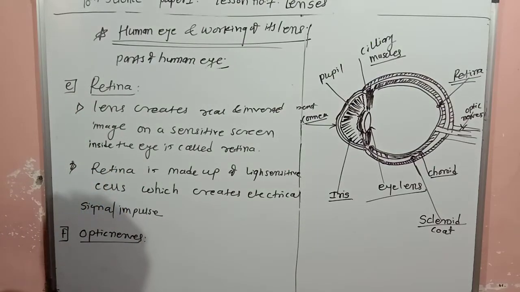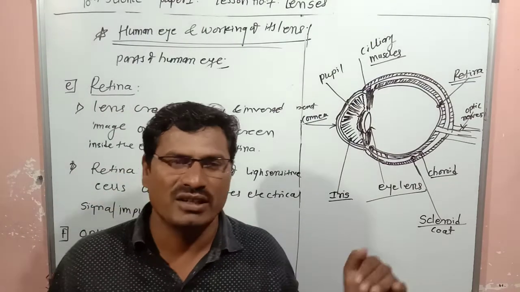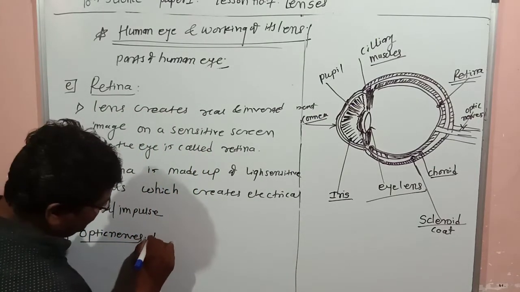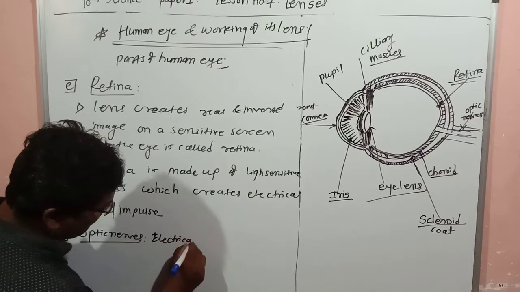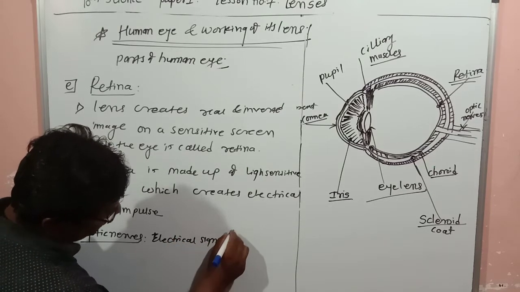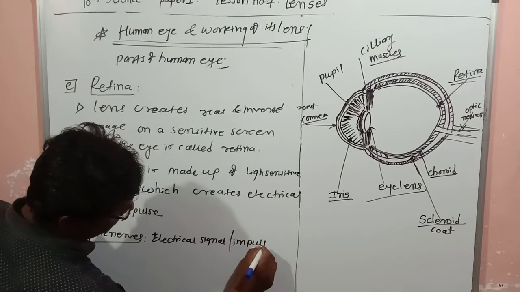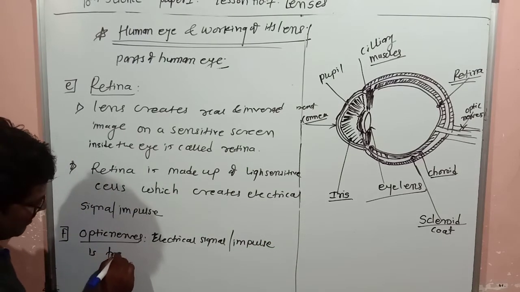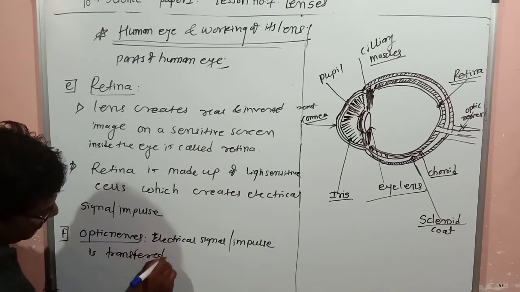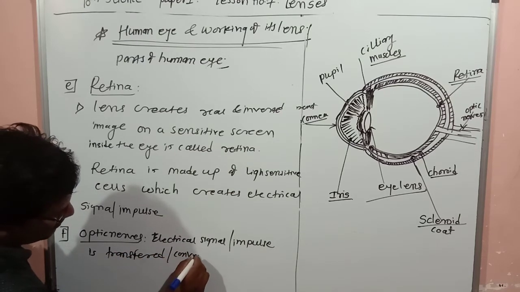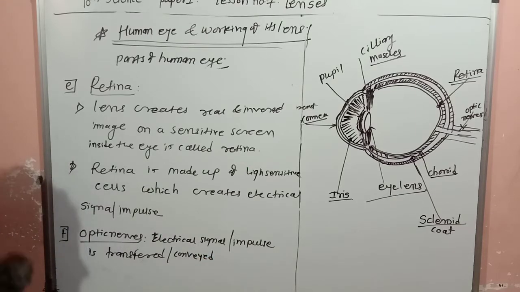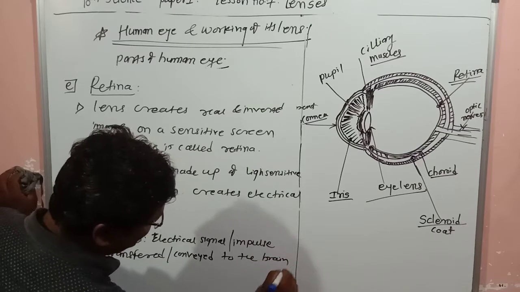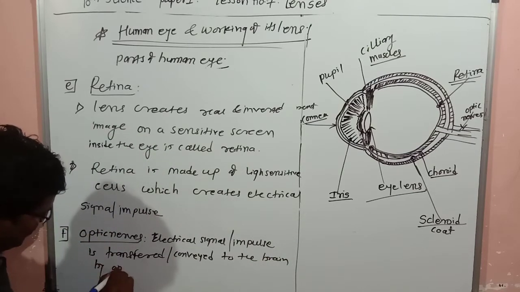The electrical signal is transferred or conveyed to the brain by optic nerves.